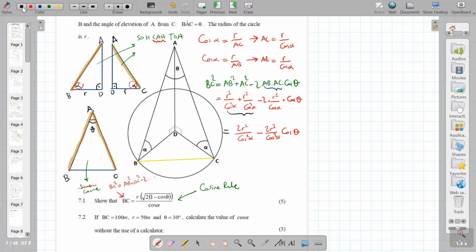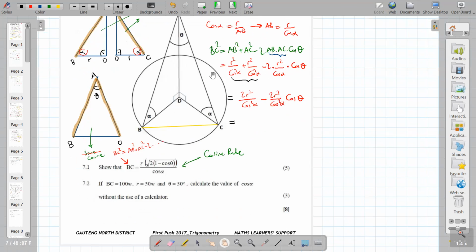I know it's ugly, but it's getting there. So this is BC square. If you take 2R square over cos square as a common factor, what do you get? 1 minus cosine theta. We are almost there, because when you root this, you get what they wanted.